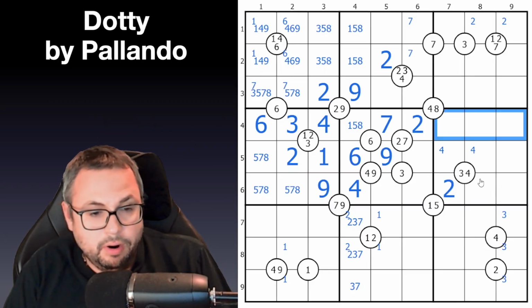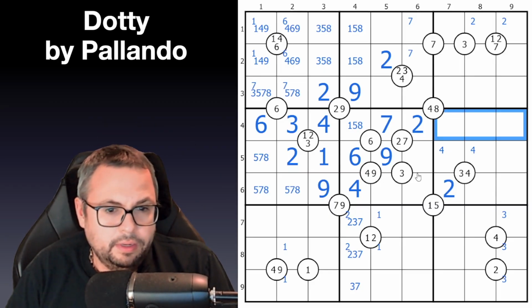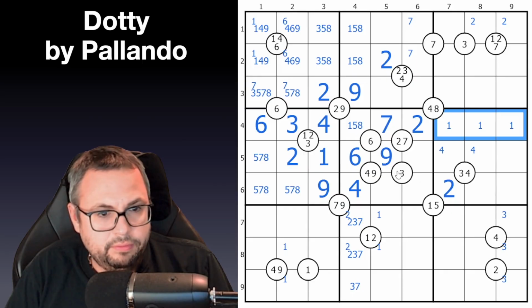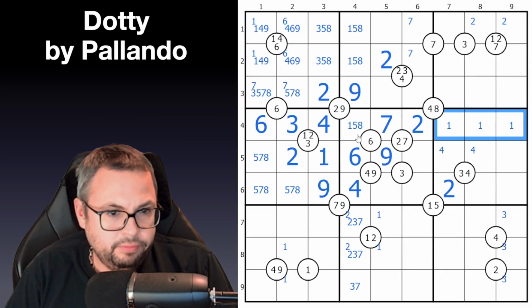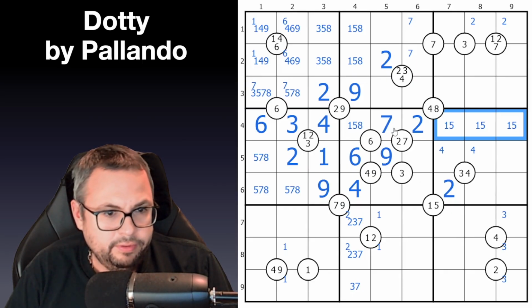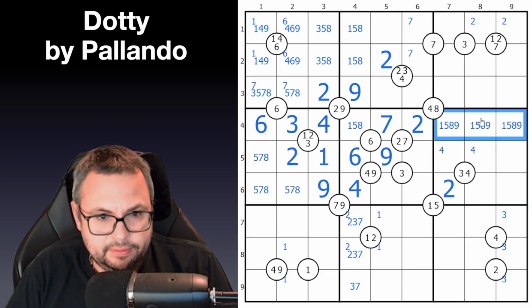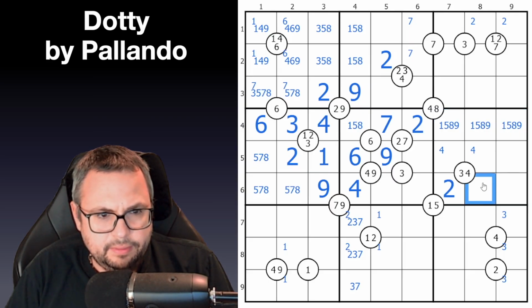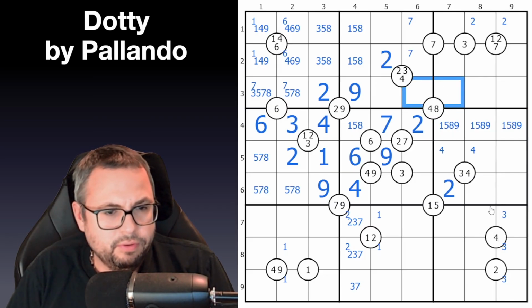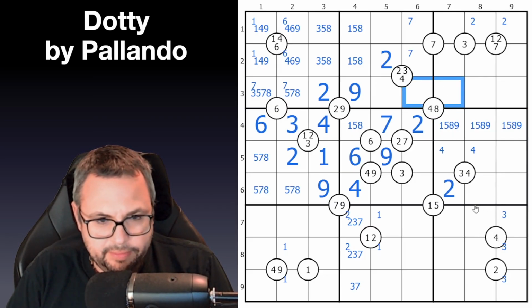Okay, what's left in the row? Still got a 1, 2, 3, 4, 5, 6, 7, 8, 9. Yeah, so if this is not an 8, these two are a 4, 8 pair, but that seems okay to me.